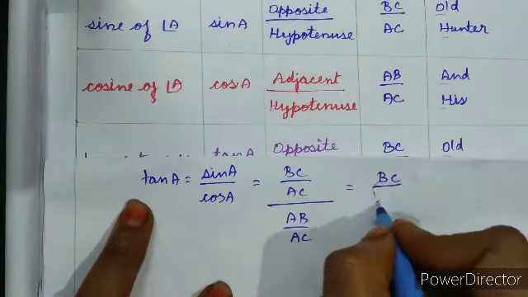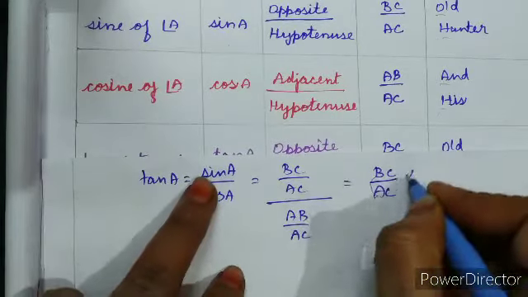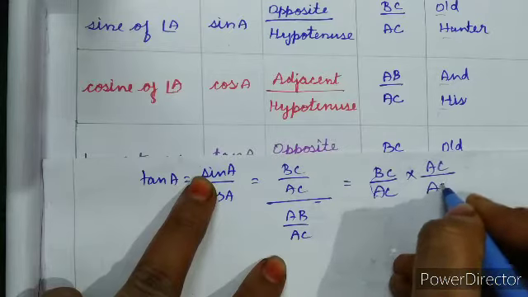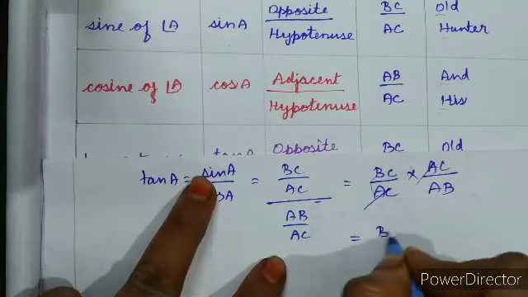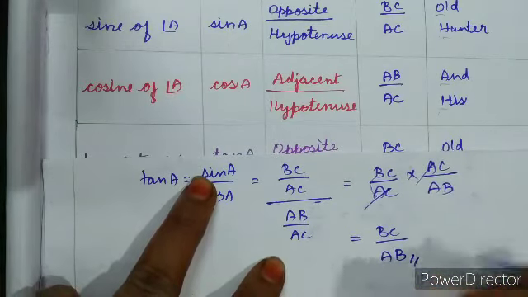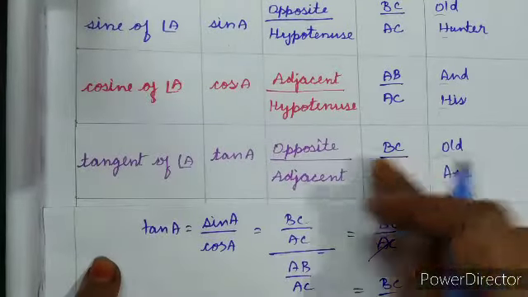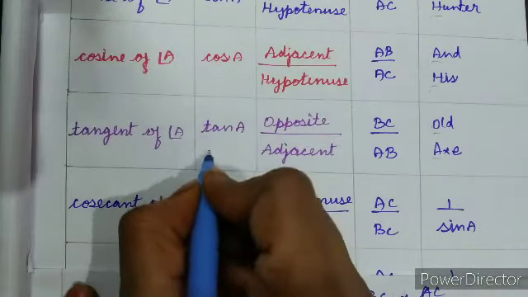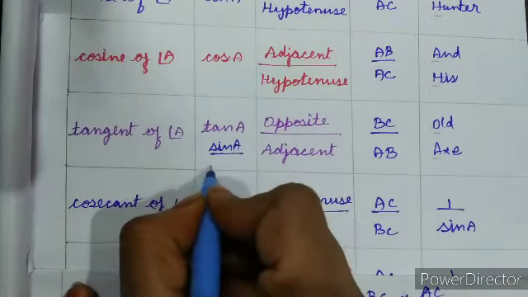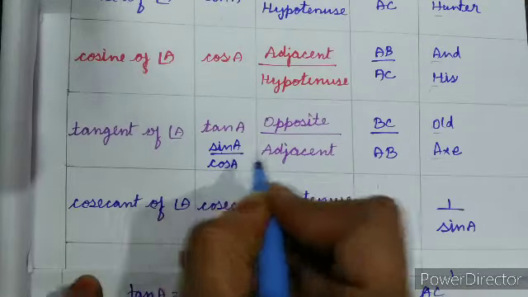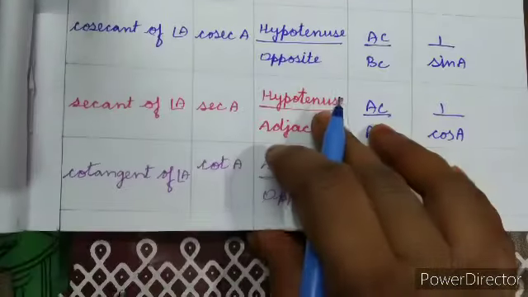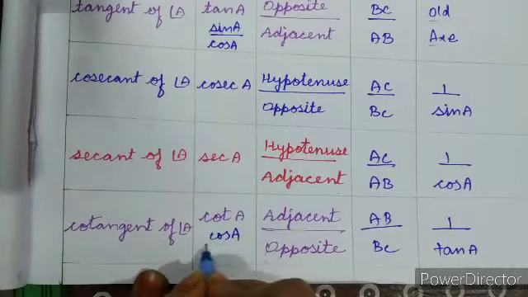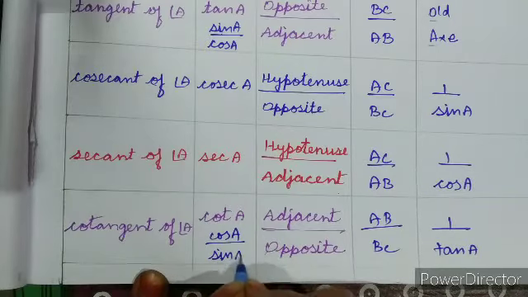It is a division, so writing it in the reverse way, that is the reciprocal, we get the value of tan A is BC by AB. Therefore, tan can also be expressed in terms of sin and cos. That is, tan A is equal to sin A by cos A. And similarly, cot A can be written as cos A by sin A.